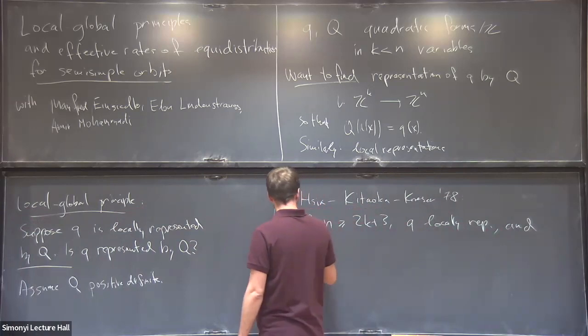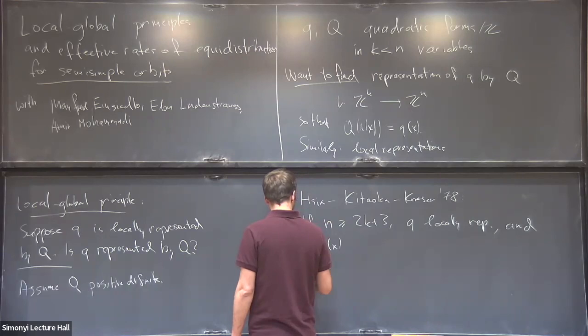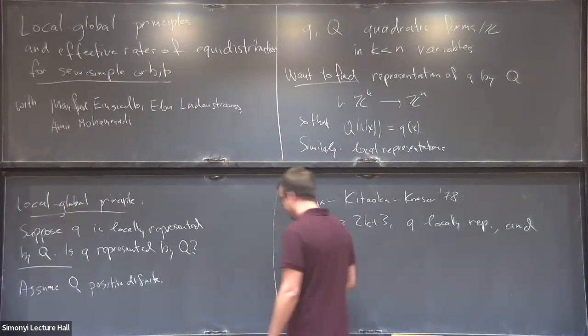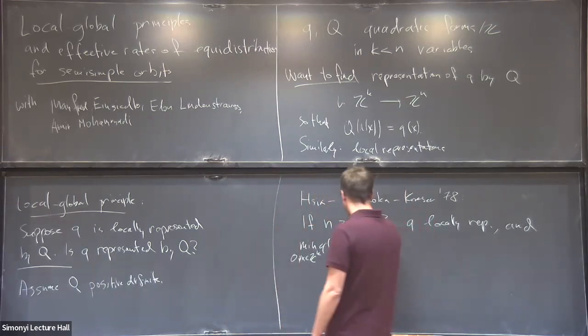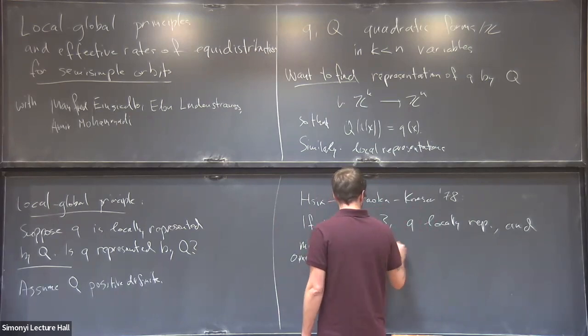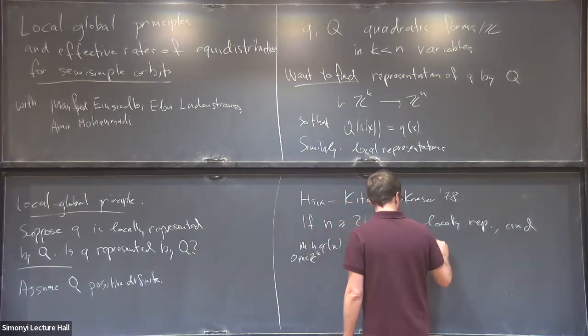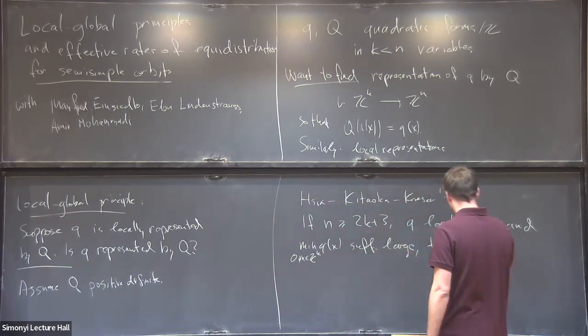And if the minimum of Q is sufficiently large, then q is fully represented.